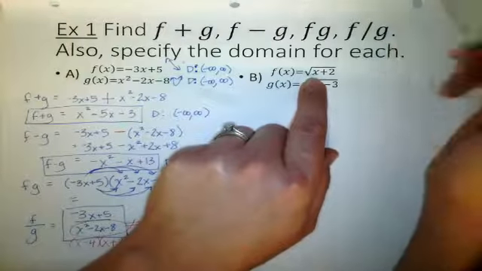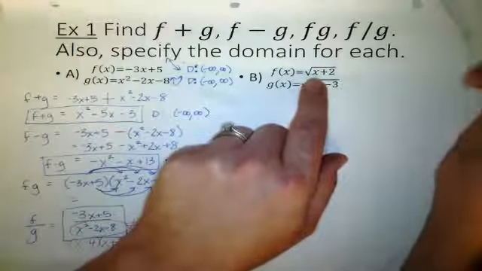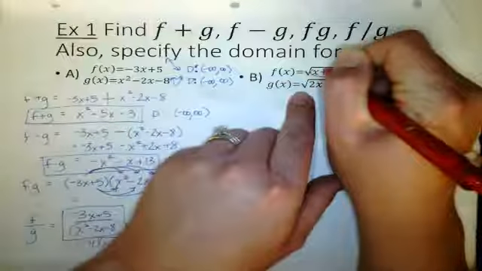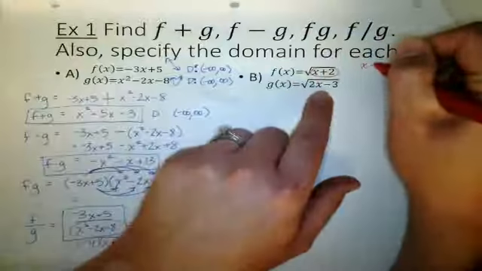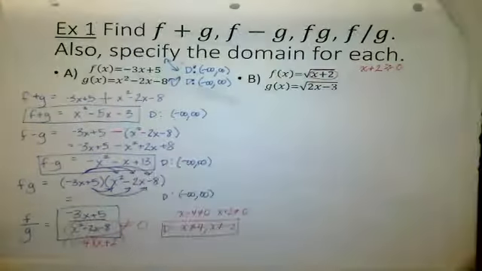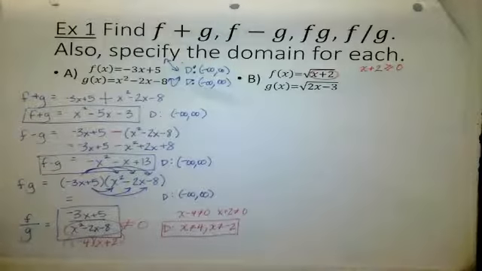So all the stuff on the inside of any square root function must be greater than or equal to 0. It must be non-negative.